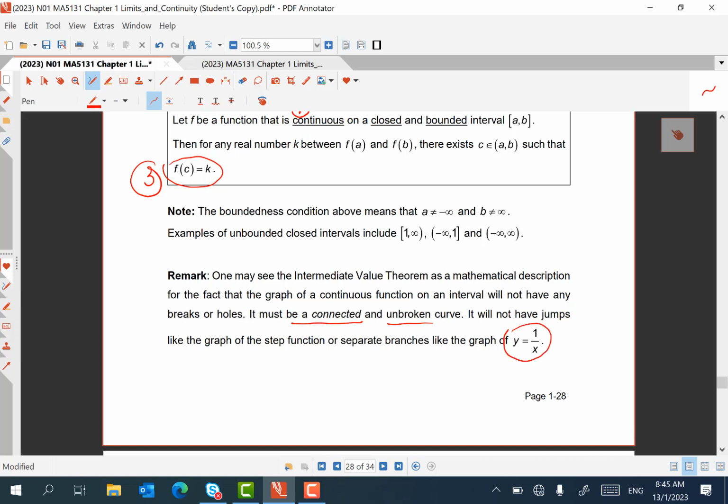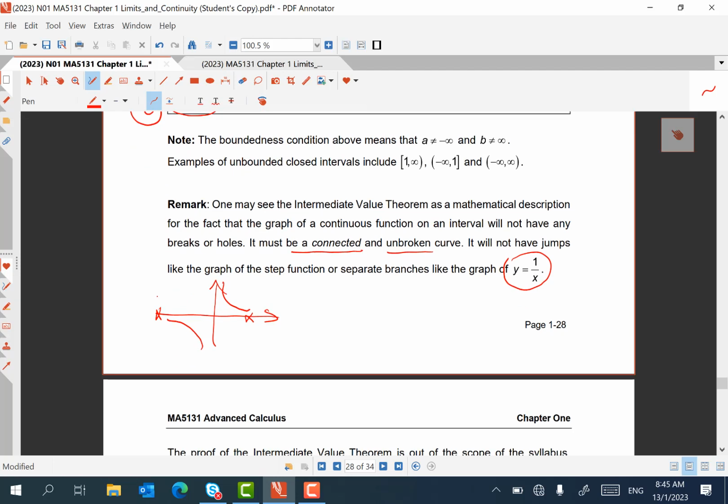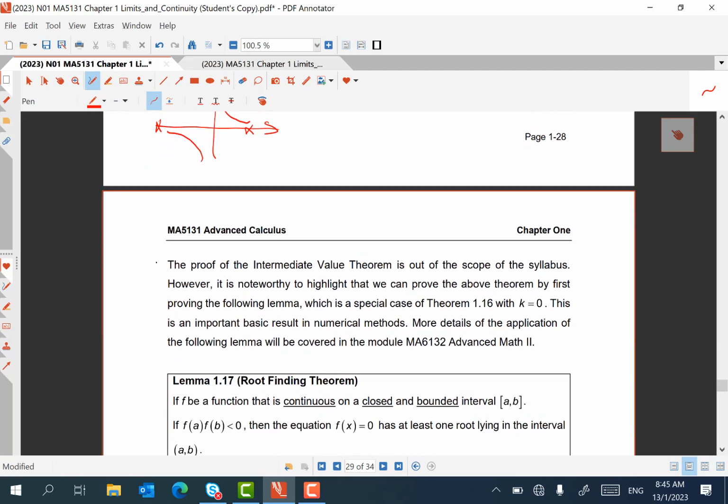If you have a graph that is 1 over x, the graph of 1 over x is certainly not continuous. For such a graph, when it is not continuous, you can't possibly try to apply this theorem from anywhere here to anywhere there. You can't, okay? Because there's a discontinuity.